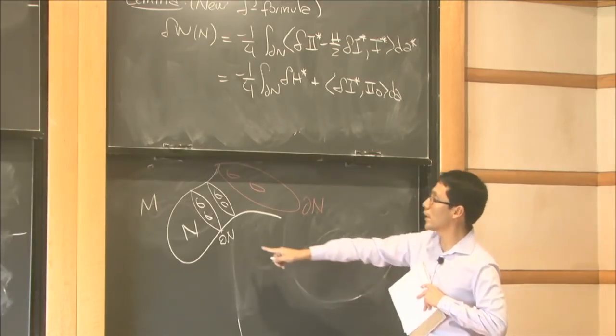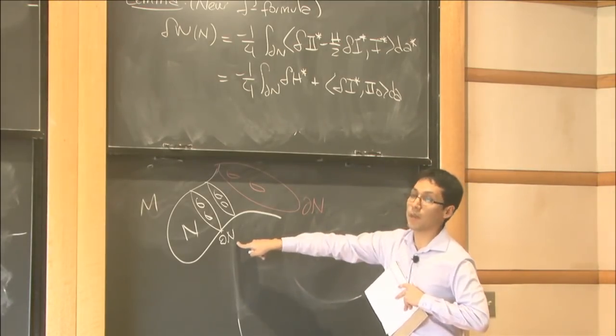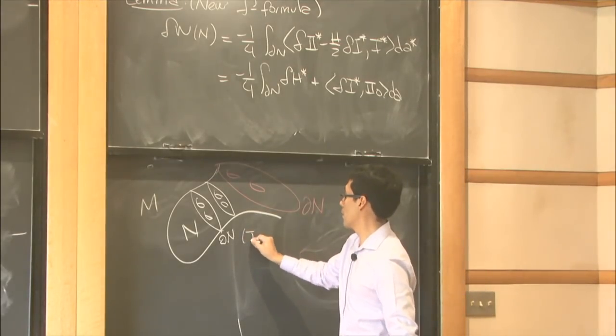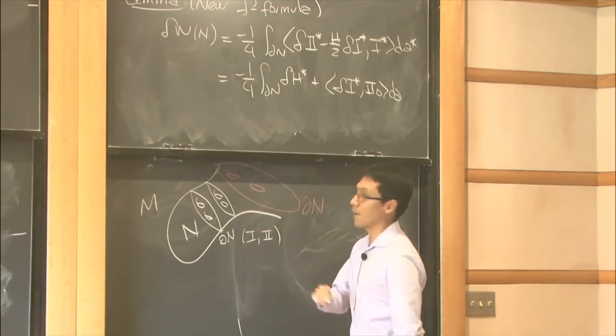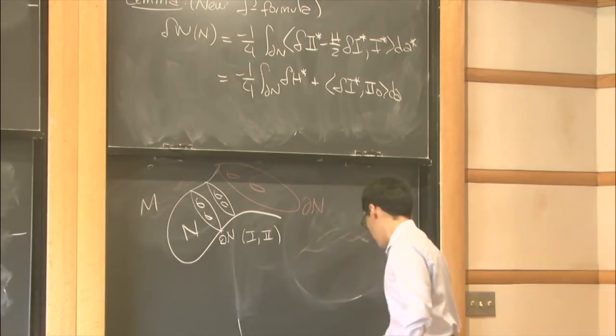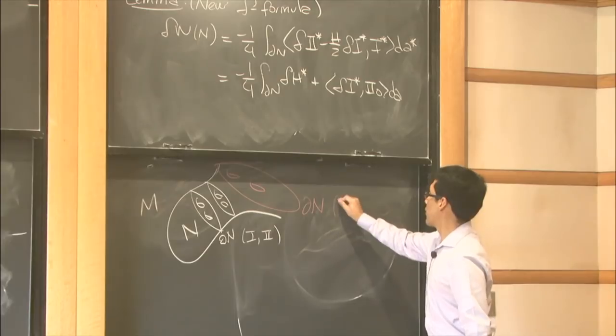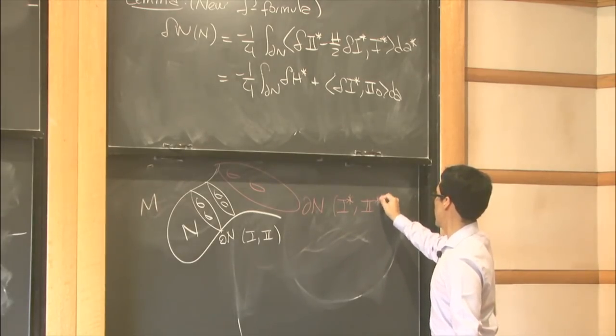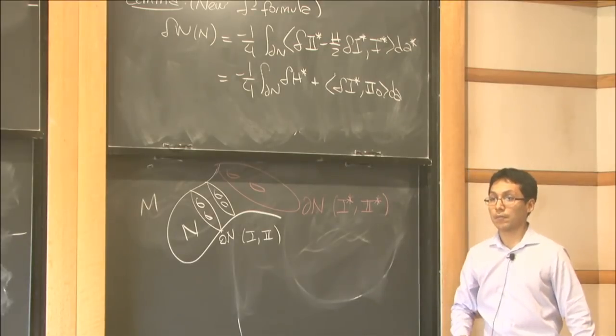And you should see that the normal geodesic flow is going to be a different thing between these two manifolds, and this one comes equipped with its first and second fundamental form. By taking these limits, this one over here comes equipped with its metric and its second fundamental form there.